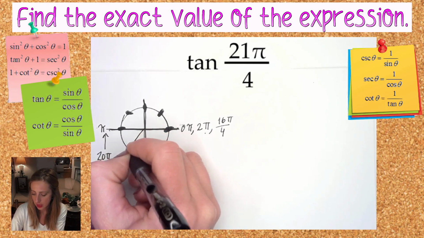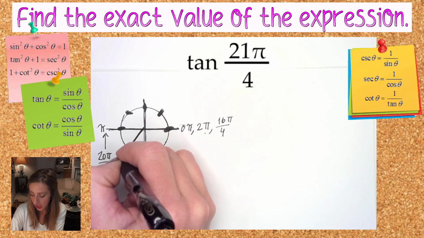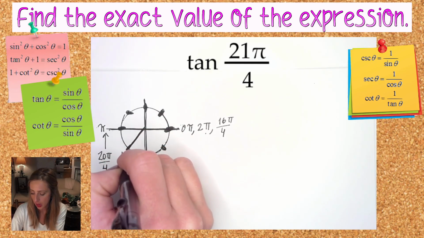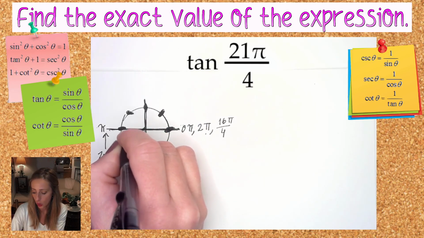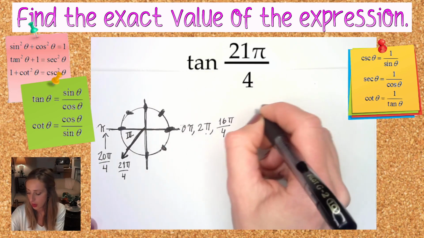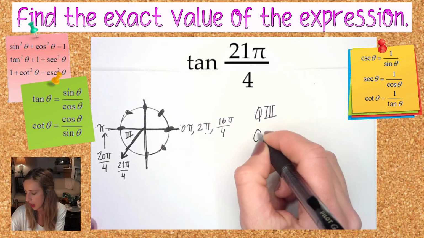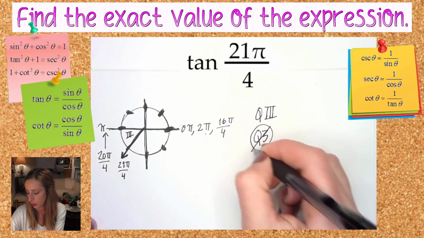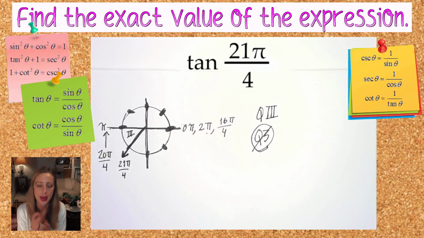That means that right here is where my angle will terminate for the angle 21 pi over 4. It is exactly in the middle of quadrant III. Remember, quadrants should always be written as Roman numerals, not as Arabic numerals. Now, the angle's going to land here. We went around more than once, but that doesn't matter.